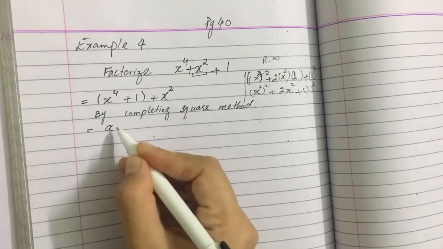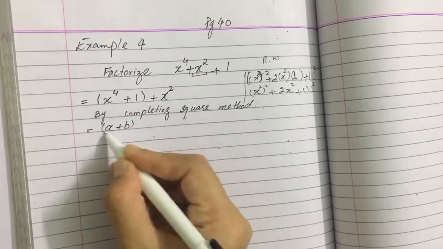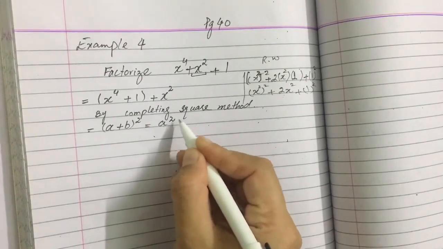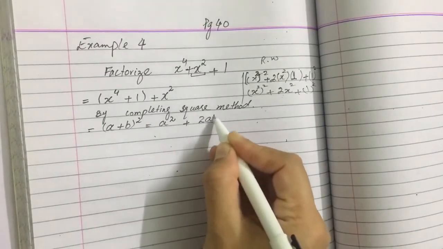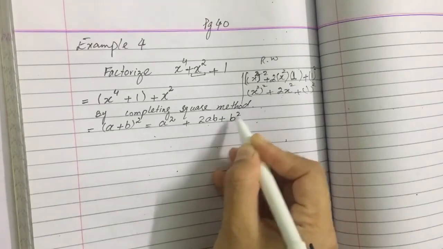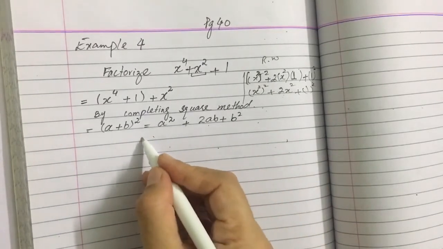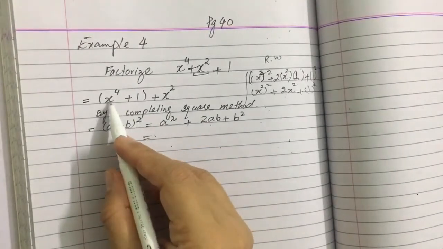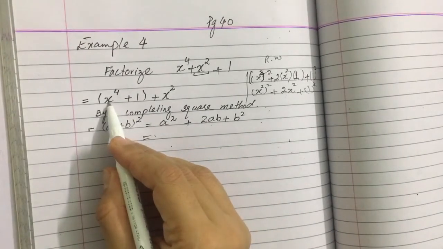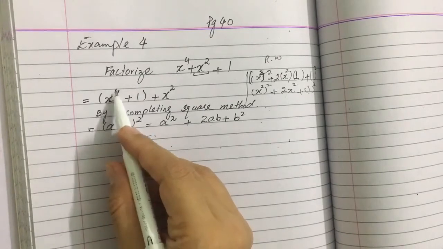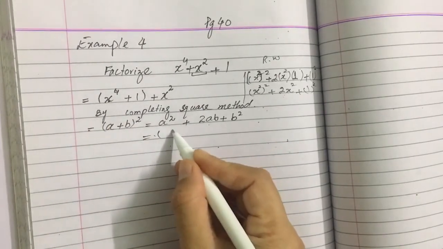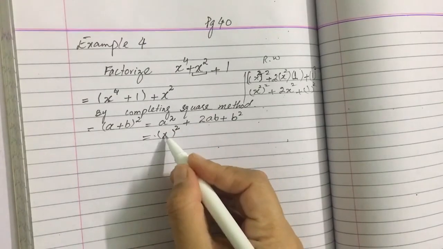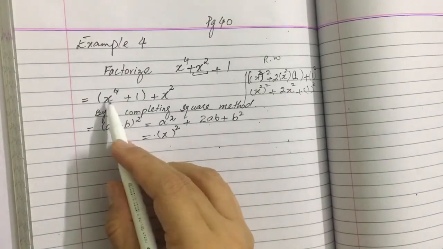The formula we used is a plus b whole square is equals to a square plus 2ab plus b square. We will put our value in this formula. We will take x raised to power 4. We will get value of a from x raised to power 4. This square from formula, we want to have x raised to power 4.